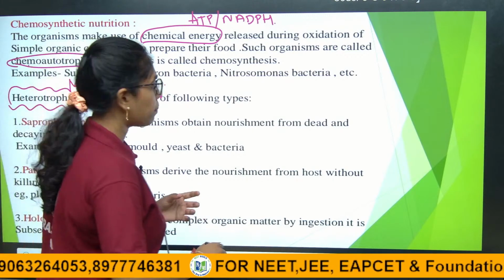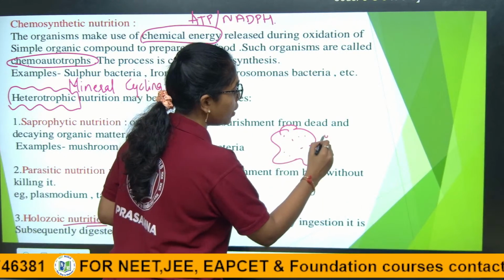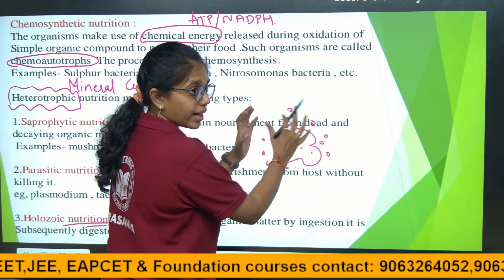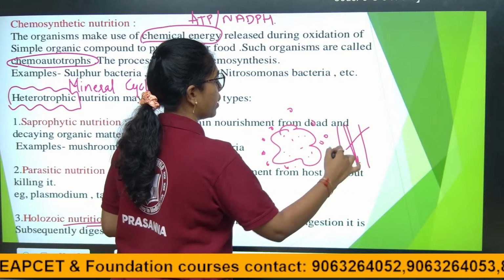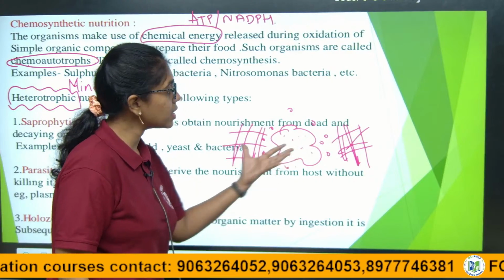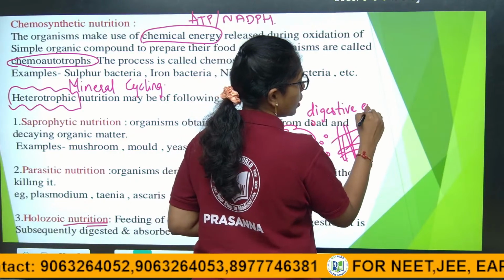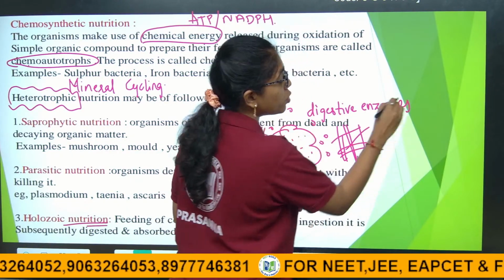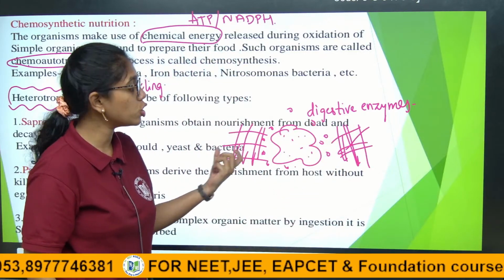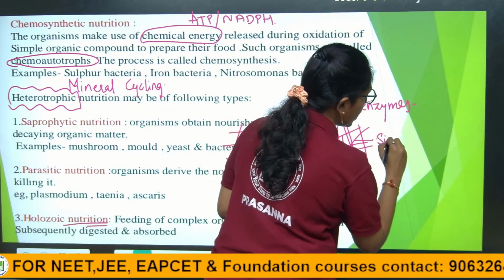You know, children, what happens if the organism is there, it will release some digestive enzymes to the surroundings. If the organism has identified some food matter present around its surroundings, then this organism will release some digestive enzymes, which will digest the complex organic molecules present over here, simplifying them into simpler substances.